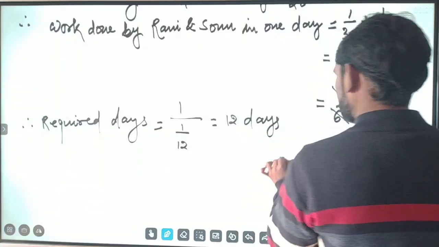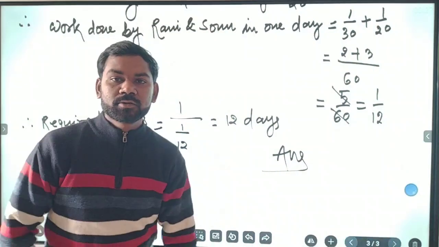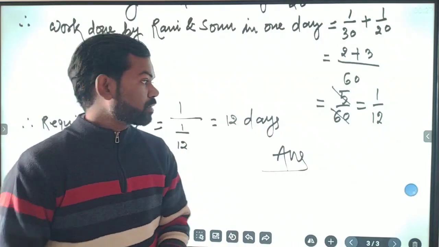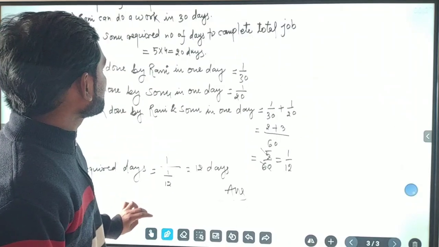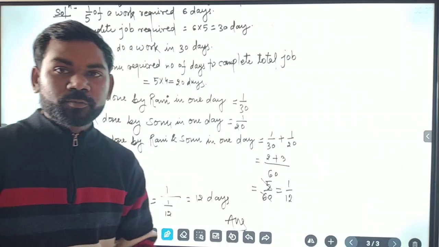So this is the required solution, and I hope it is clear to everyone. So student, this is the solution of the next question, and I hope there is no doubt in this solution. I hope it is clear.